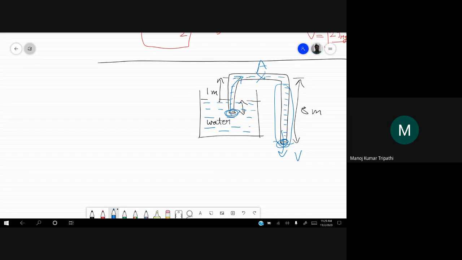So this is what you need to find. Also assume that the tank surface area is very big as compared to the cross-sectional area of this tube. So using this assumption, find out these two things: pressure at the highest point and velocity at the exit.